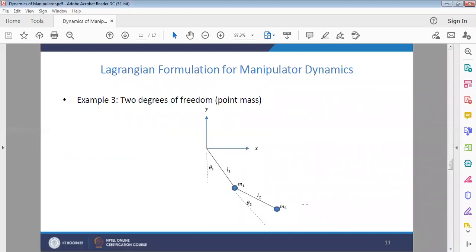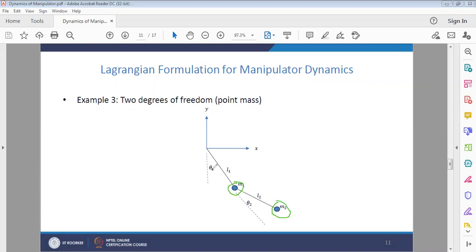Which is a 2 degrees of freedom manipulator. So here we assume the mass is concentrated at the ends of the links. If you look at the figure, mass M1 is at the end of the first link, and mass M2 is at the end of the second link.